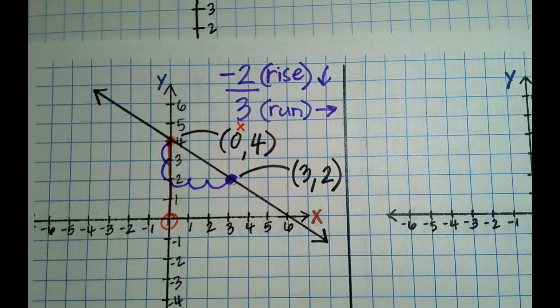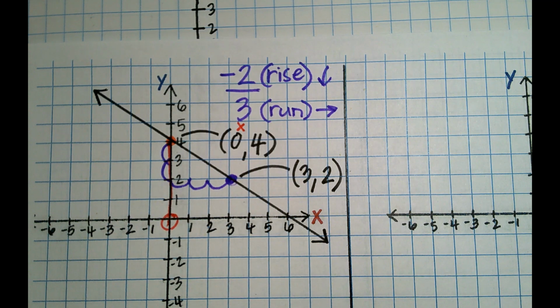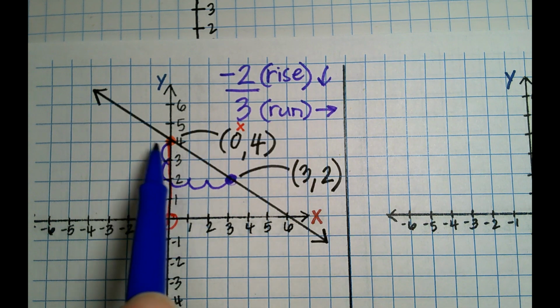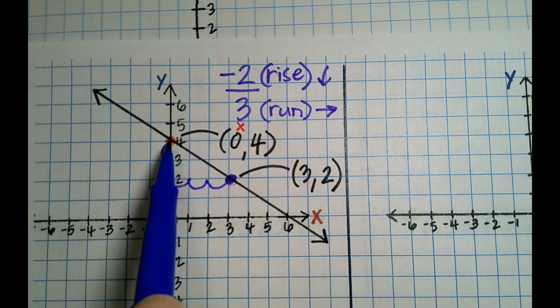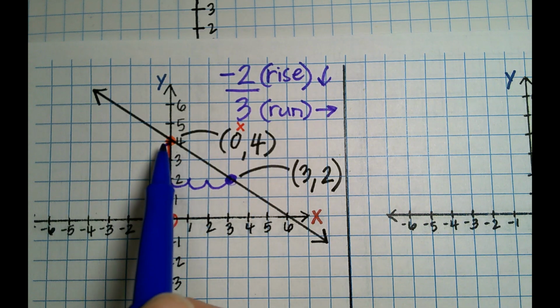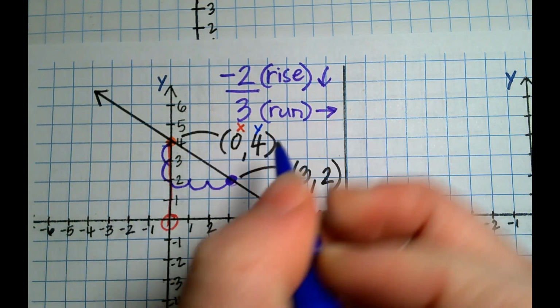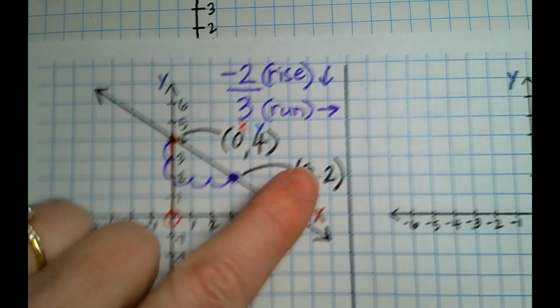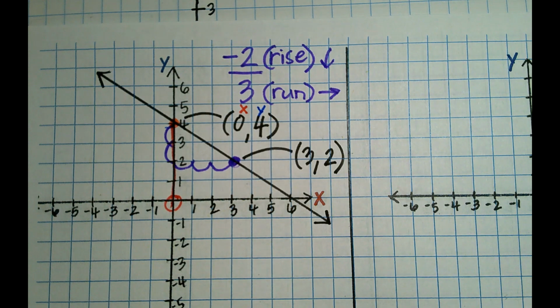And then our y value, let's get my blue. The y value is just where the point lines up with the y-axis. And since it's touching 4 on the y-axis, 4 is our y value. So now let's look at this point.